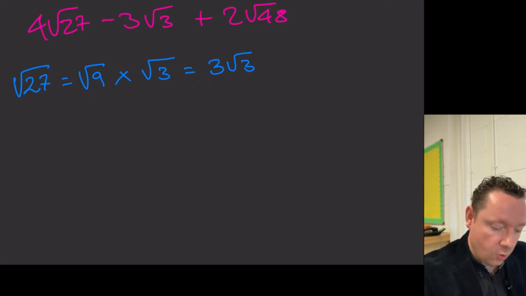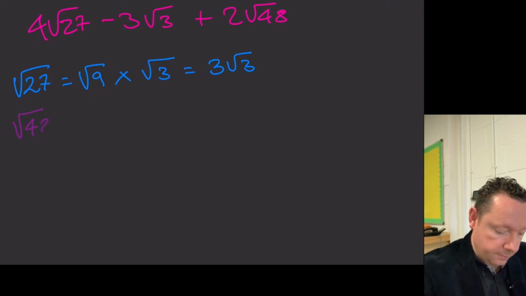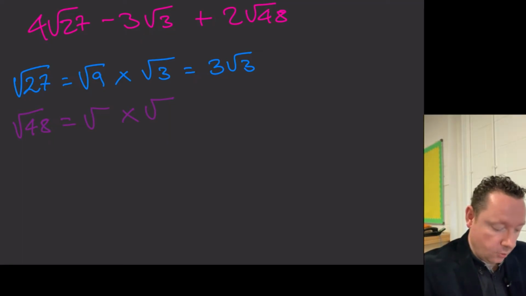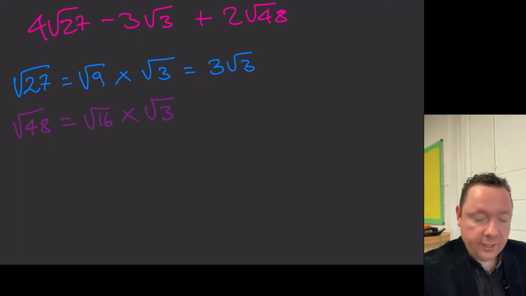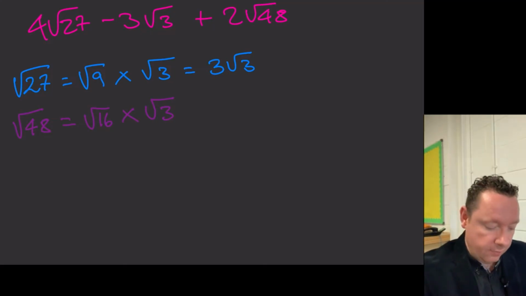And then we can move on to our root 48. 48, well, that's a square root times a square root. 16 times 3 is 48. Now, if you picked 4 here, that's too small. You'd have to do it again. So 16 times 3 will give you the answer of 4 root 3. And now we can change our sum into these ones.